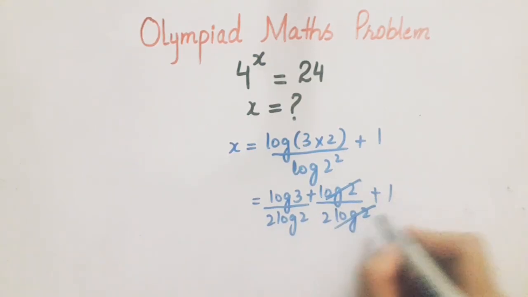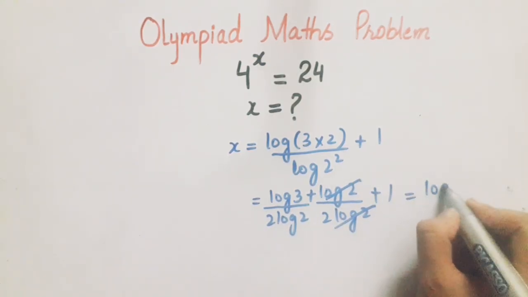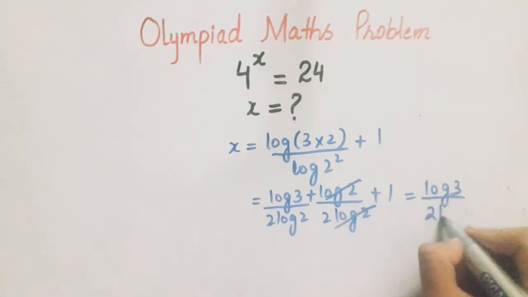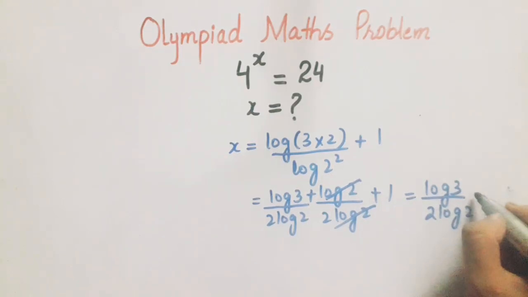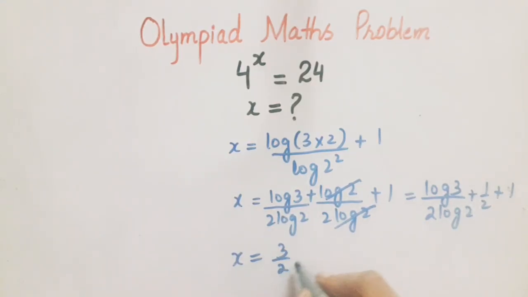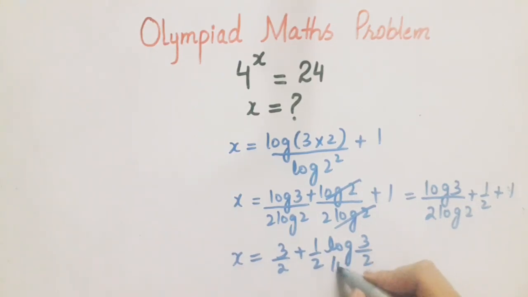So this and this cancel out and we have log 3 by 2 log 2, then plus 1. So we get x equals 1 by 2 plus 1 is 3 by 2 plus 1 by 2 log 3 by log 2.